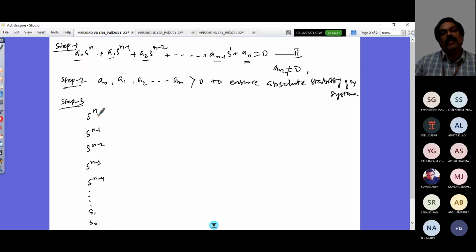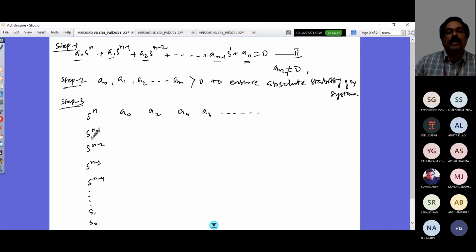If I have an nth order characteristic polynomial, I will have how many rows? n plus 1 rows. In these rows, I should arrange the coefficients of the given nth order system in this fashion. I should have all even subscript coefficients first on this row: a0, a2, a4, a6 and so on.